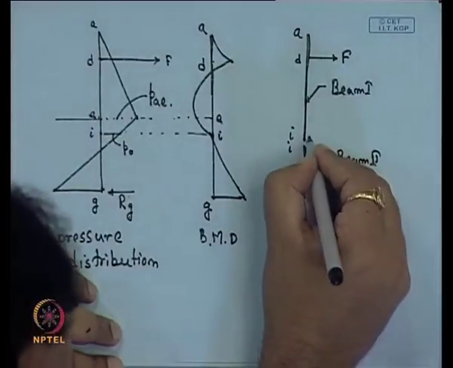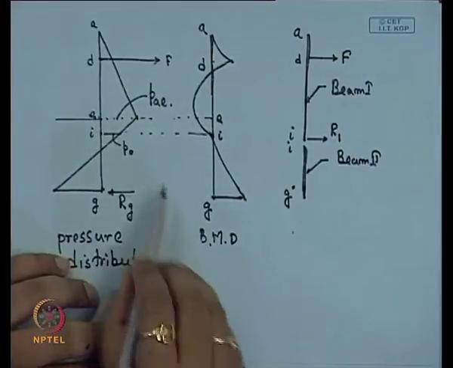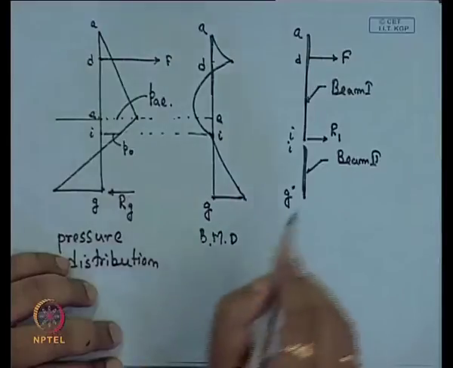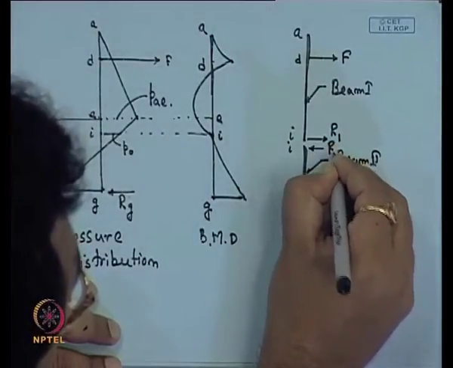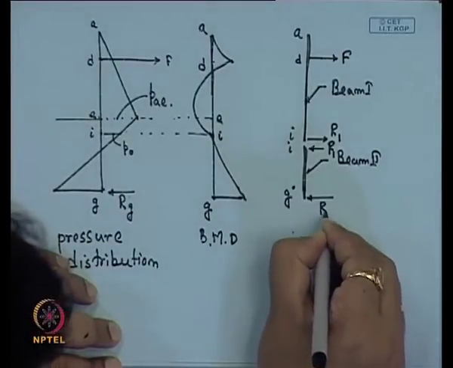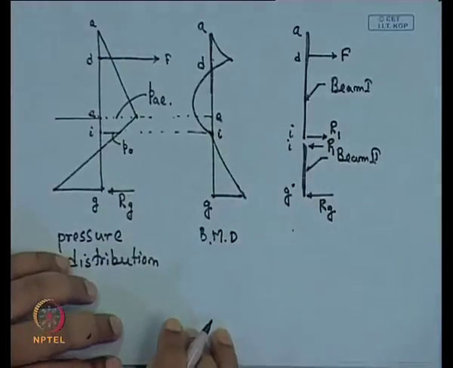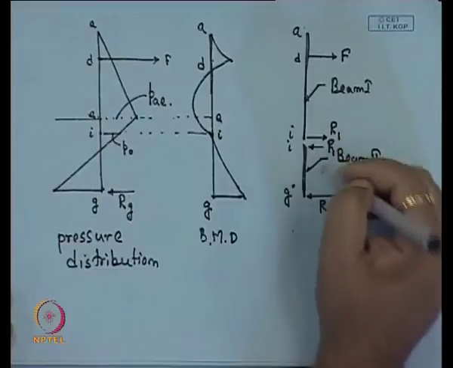Then this reaction R1 will act at the I level. In beam 2, the opposite reaction R1 will act at the beam level, and this reaction RG will also act at G level. So, these are the forces.